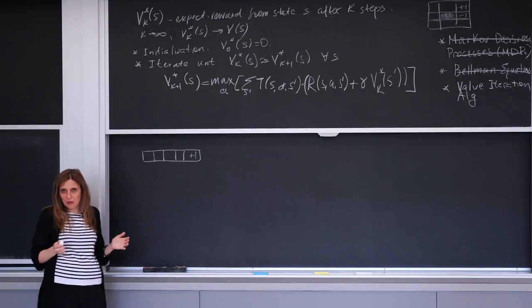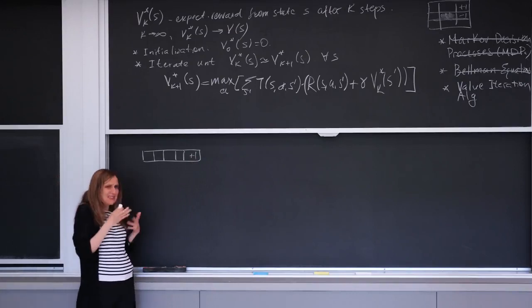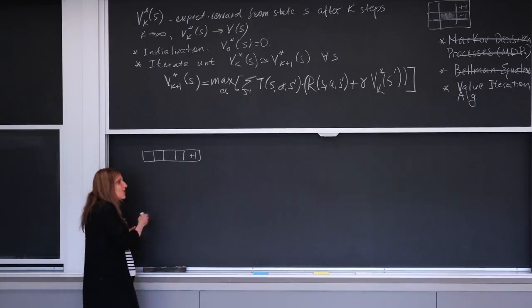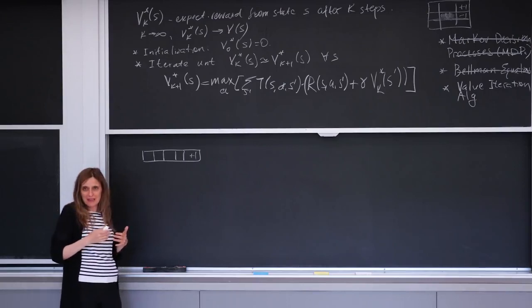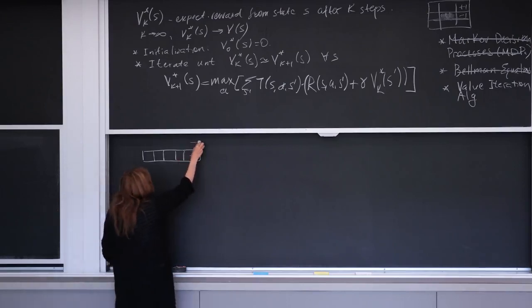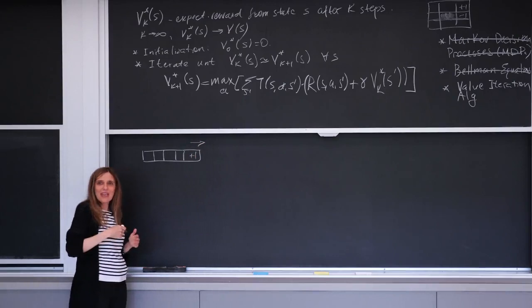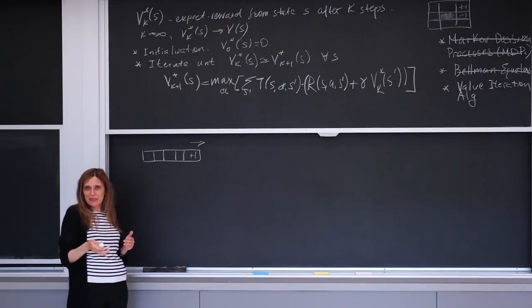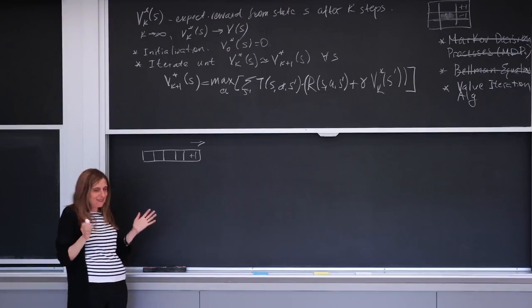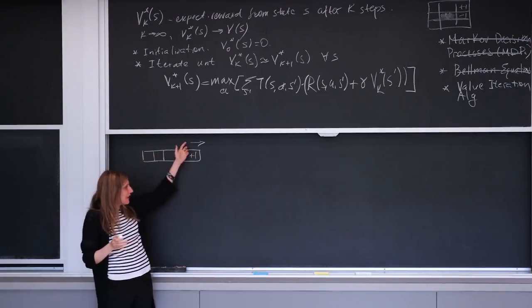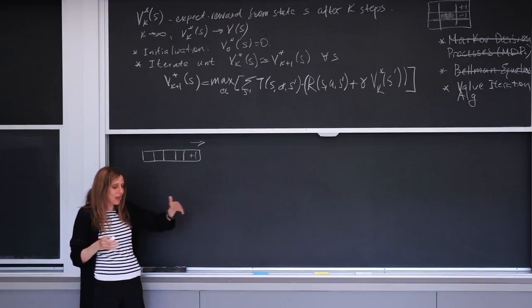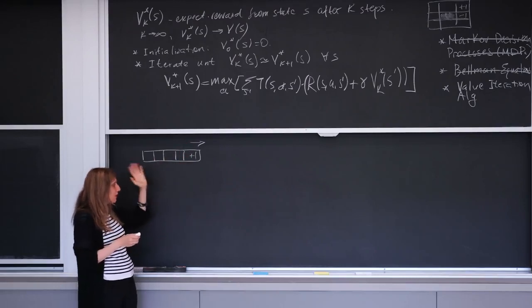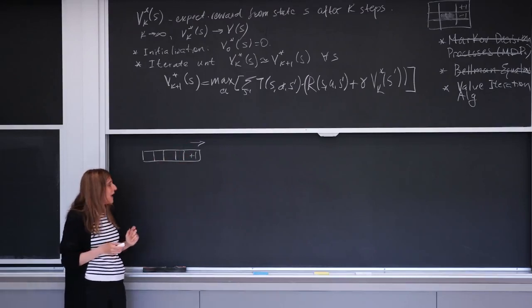You cannot move anywhere. And you also assume, again, it's a very simplistic setting, that you are always moving deterministically, that you can only take one single action. Whenever you take this action, you're going to end up where you want to be. In reality, obviously, it doesn't work like this, but here we can say we would only move in the right direction, and we always end up where we want to be.